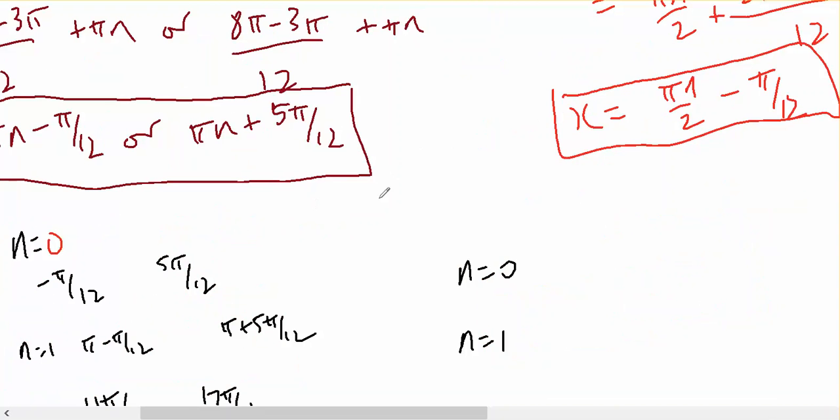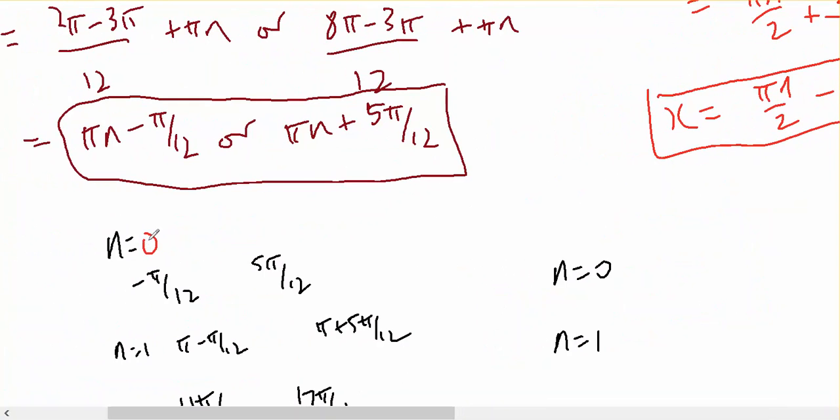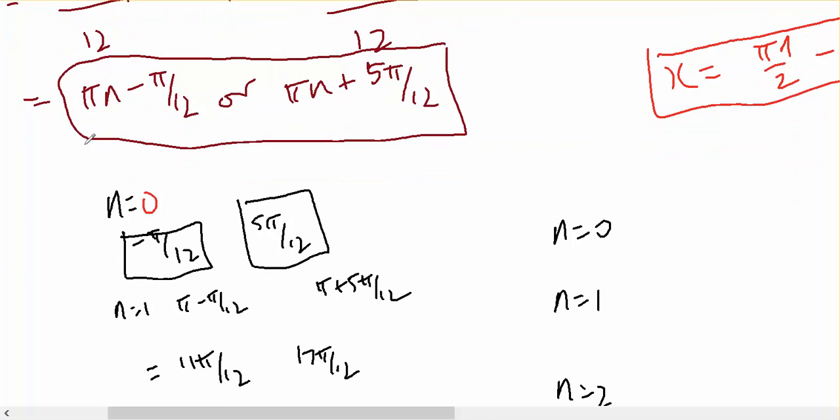So now that I've shown you two different ways of coming up with solutions, just a little proof that they're actually correct. If I make n equals 0, this set gives me 0 minus pi on 12 and 0 plus 5 pi on 12. So that gives me those two solutions. And when n equals 1, I get the answers pi minus pi on 12 or 11 pi on 12, and then pi plus 5 pi on 12, 17 pi on 12.